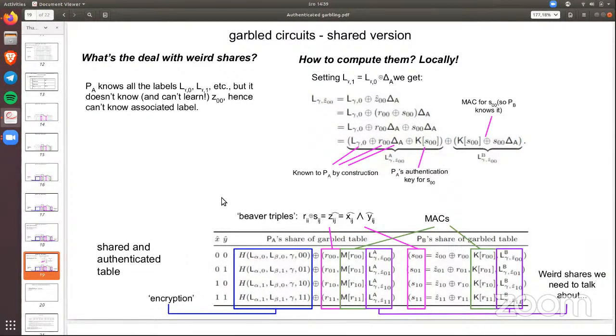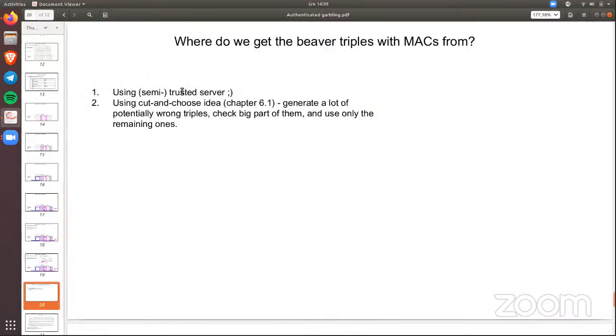So we could just get a lot of such triples from someone we trust, and they could last us for life. Why is it semi-trusted? Because the server has no chance to learn anything about the protocol. He can just lie to us for the sake of trolling, probably. But if he doesn't do that, then we're good.